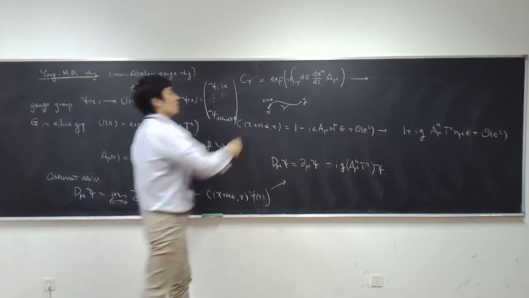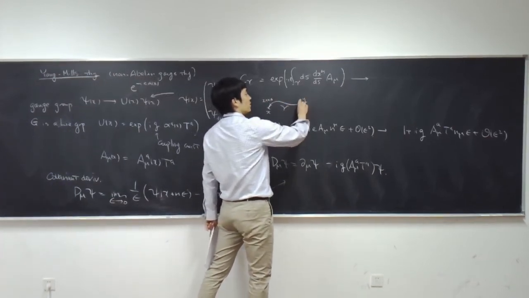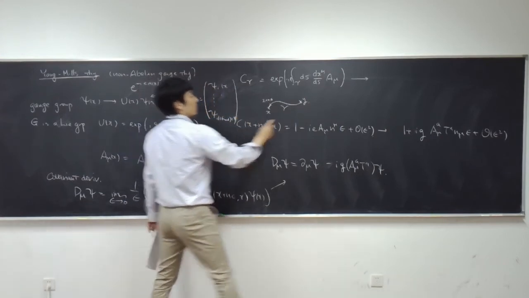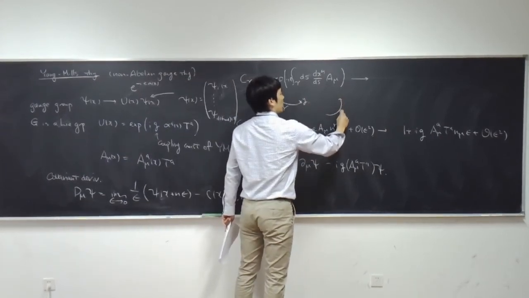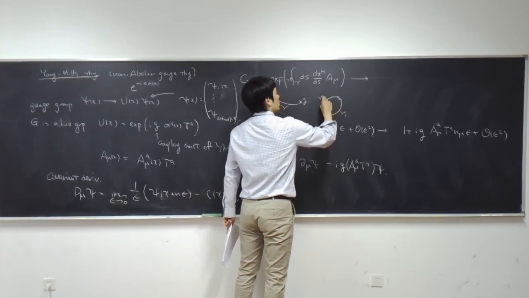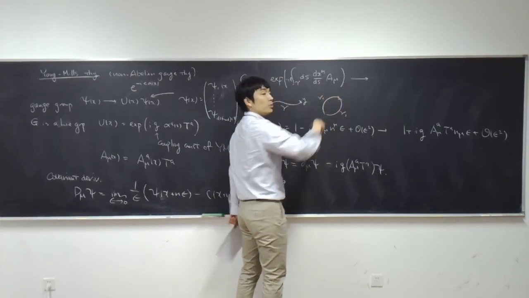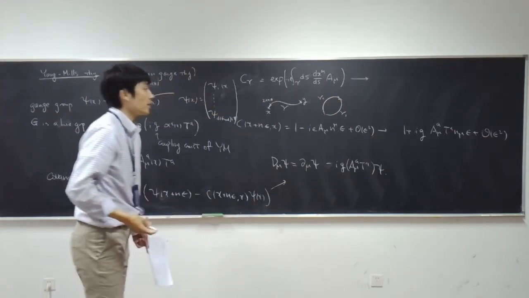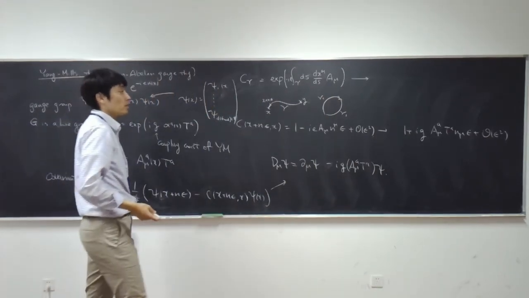But if you look at it globally, it really depends on gamma, as I mentioned last time. If you take different paths, gamma 1 and gamma 2, the difference between the Wilson loops is given by the curvature or field strength, as I mentioned last time. So it really depends on the path.